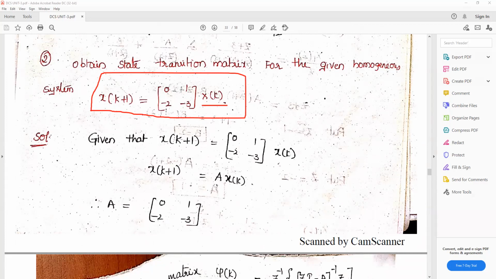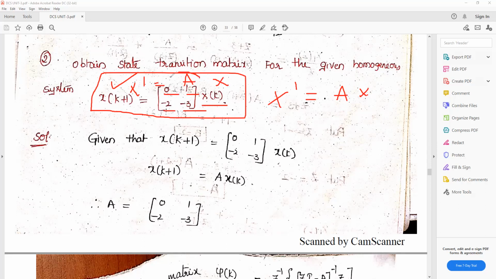This is in the form of x dash is equal to Ax, where A is the matrix multiplying x.